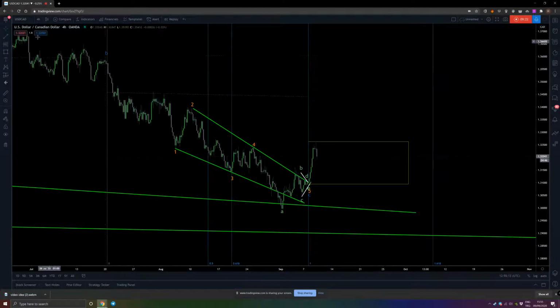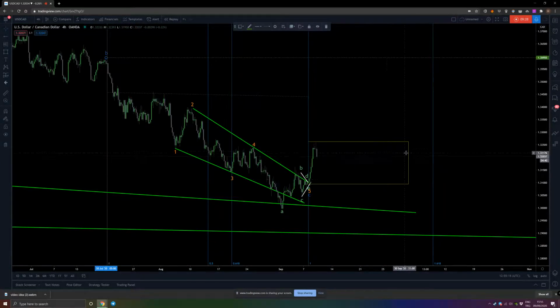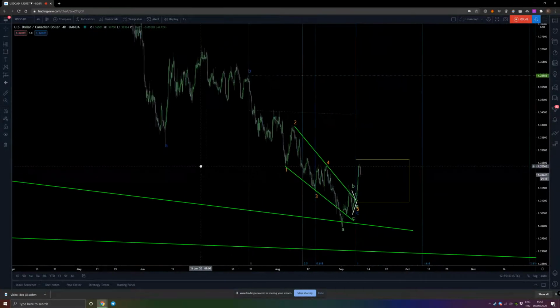All the way to the 135, 36 almost, if that's the B wave. In till 1st of October. Now, if that's the case, then this does look like a nice risk-reward ratio. However, this is only, of course, one of the options, okay?